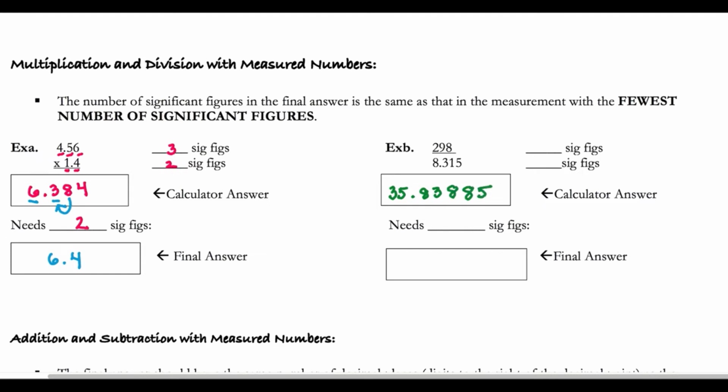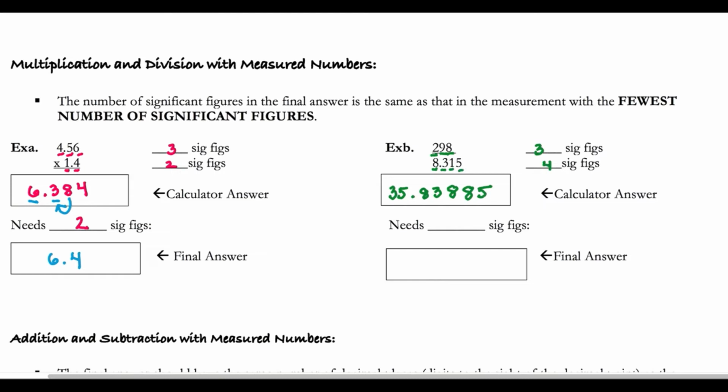Now, 298, there's not a decimal present, so I'm going to be counting from right to left. 8 is my first significant digit, so it's going to be 1, 2, 3 sig figs for 298. 8.315, there is a decimal present, so I'm going to count from left to right now. 8 is my leftmost number, so 1, 2, 3, 4 sig figs.